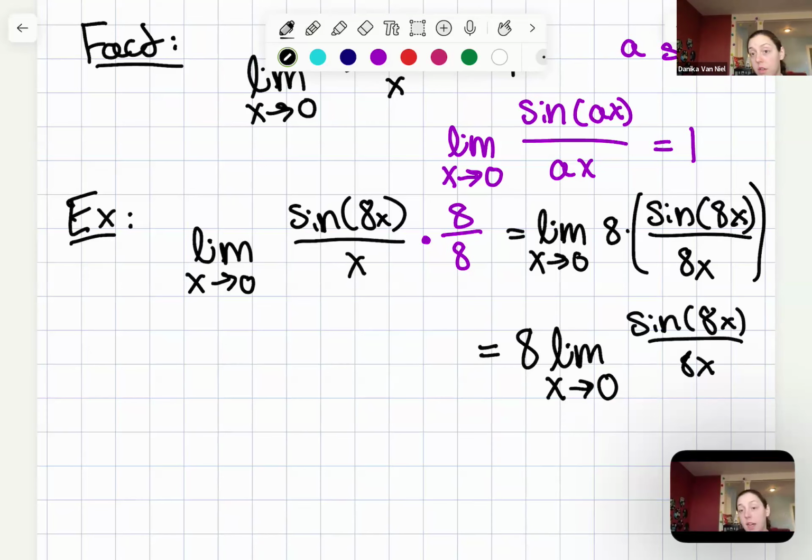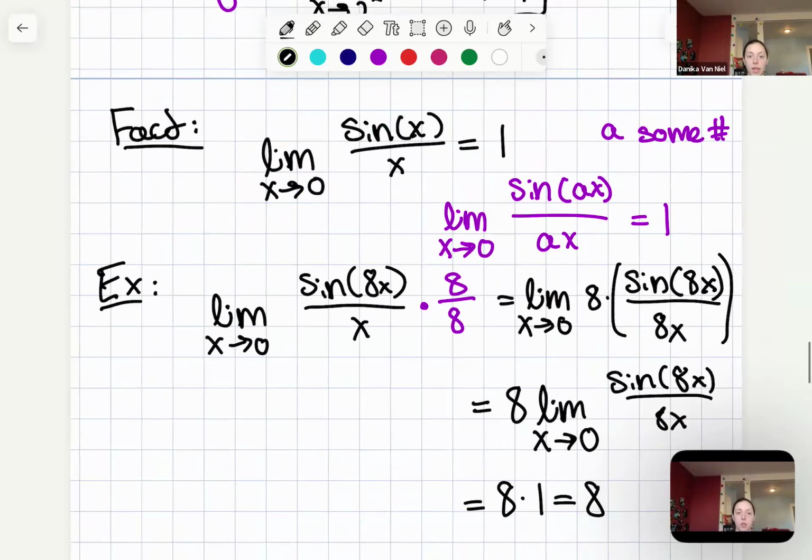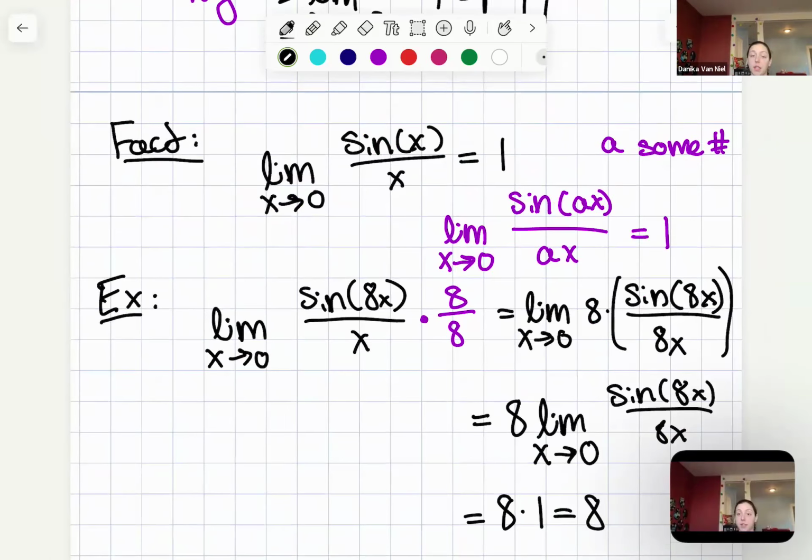And now this I do know. Oftentimes students will cancel out the two 8x's. That does not make any sense. The 8x is inside of sine. Sine is a function and it has been fed 8x.